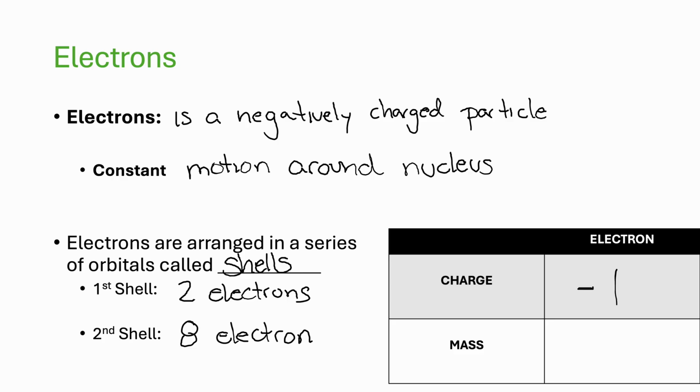And when we're looking at their mass, their mass is super light. It's so light that we don't actually even calculate this in the atomic mass. I think it's like 1/1836th or something, the atomic mass of a proton.